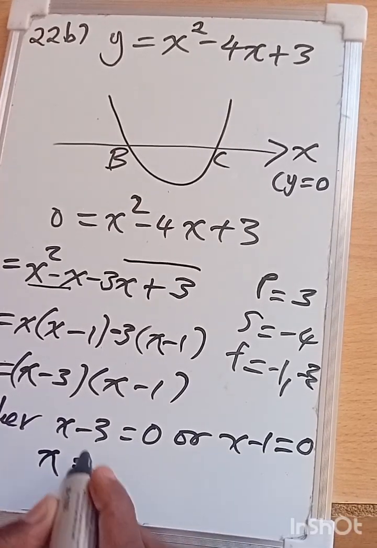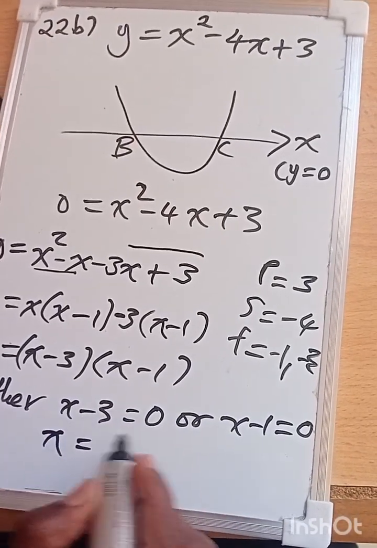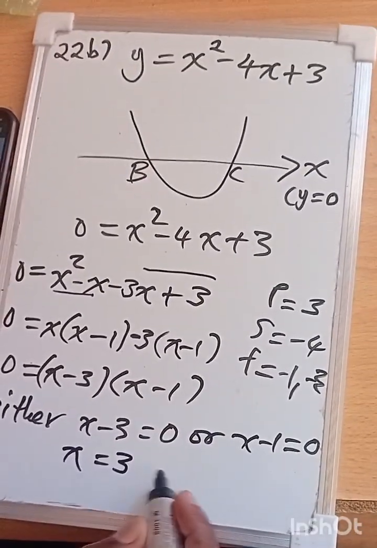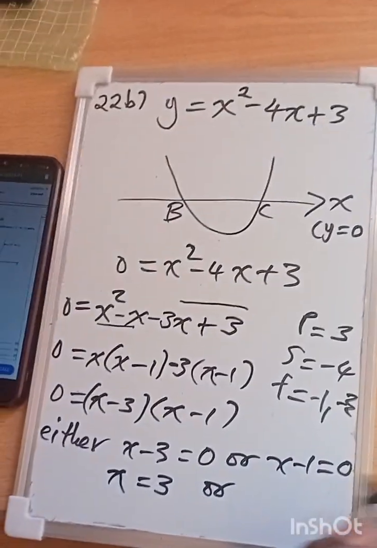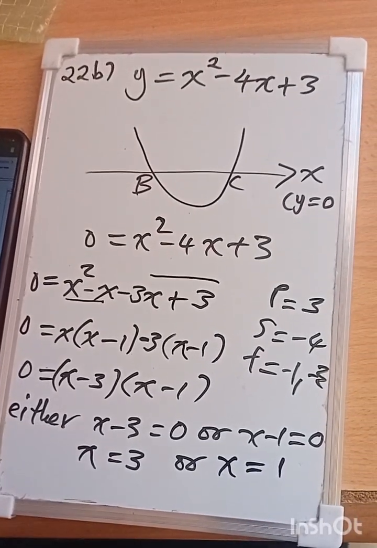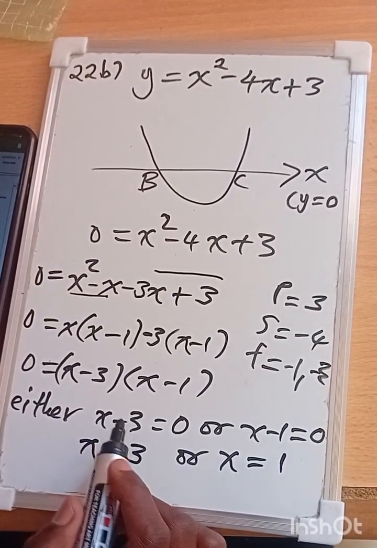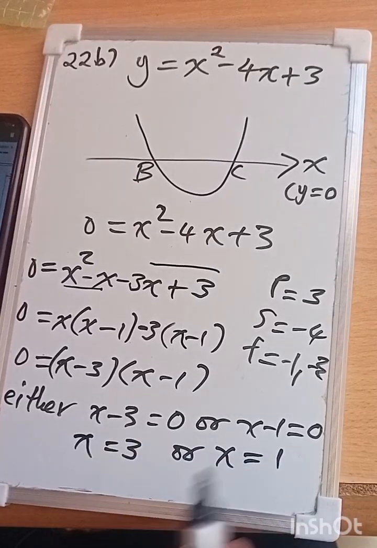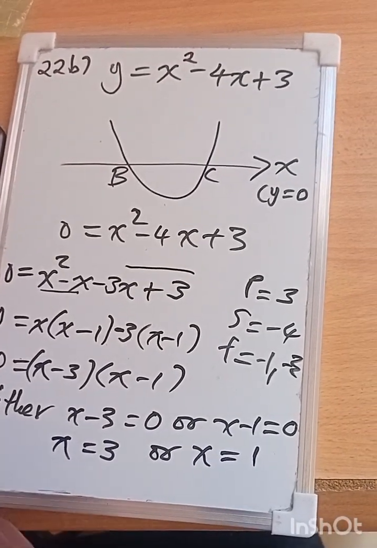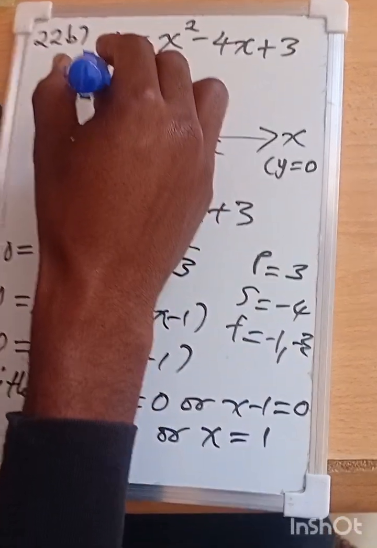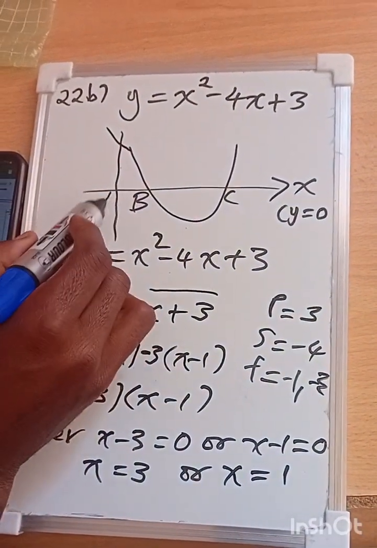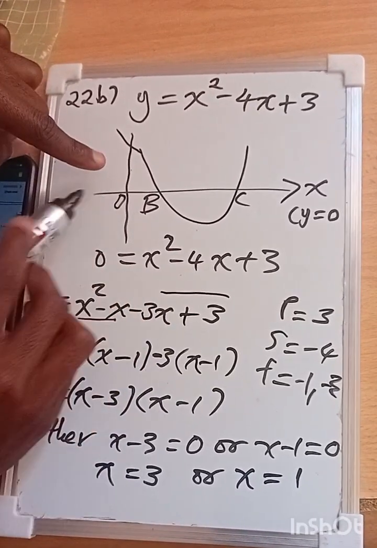Then the like terms, the numbers together: this 0 doesn't have any effect, so it will be a positive 3, or the negative 1 goes to that side to give 1. Whenever a number is crossing the equal sign, the sign has to change. Negative becomes positive. Now when you look at your graph, this B here, there's a 0 there, that's where the numbers start from.